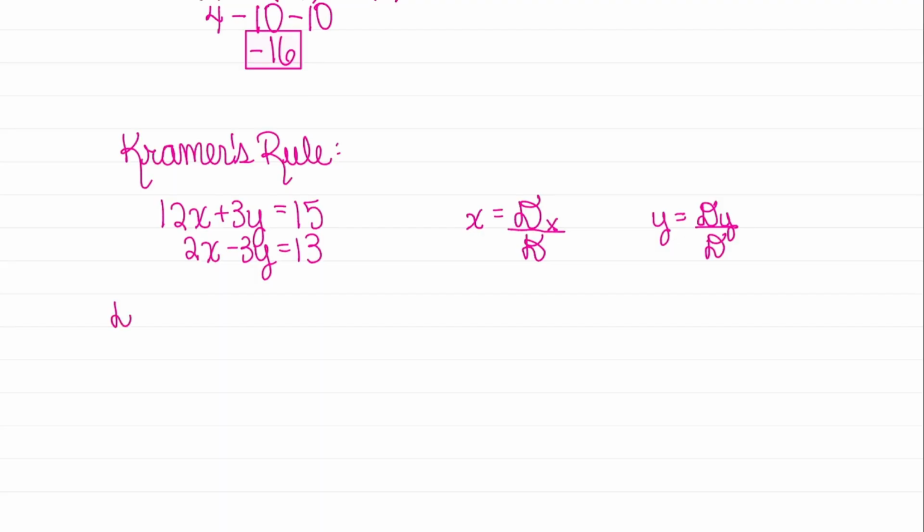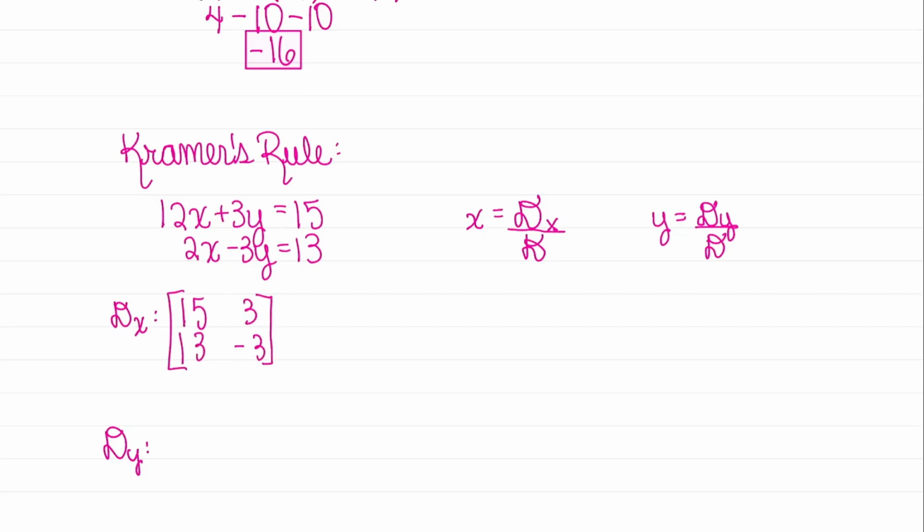So the way that I like to do this is go ahead and set up everything that we need. So we're going to have d sub x, and then we're going to have d sub y. So for d sub x, we are going to replace this column with these two numbers. And then we're going to take the coefficient of our y's and put those in the matrix with it.